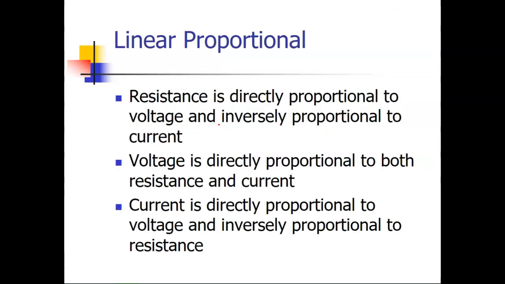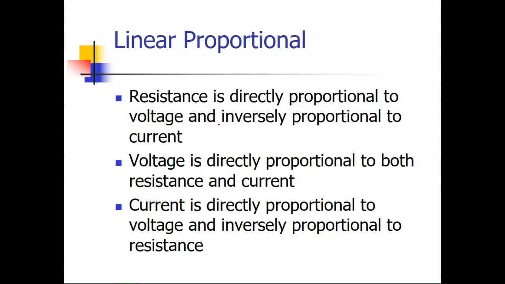All right, so resistance is directly proportional to voltage and inversely proportional to current. Voltage is directly proportional to both resistance and current. And current is directly proportional to voltage and inversely proportional to resistance. All this means, guys, is that if voltage is going up, resistance should go up to maintain a level current.